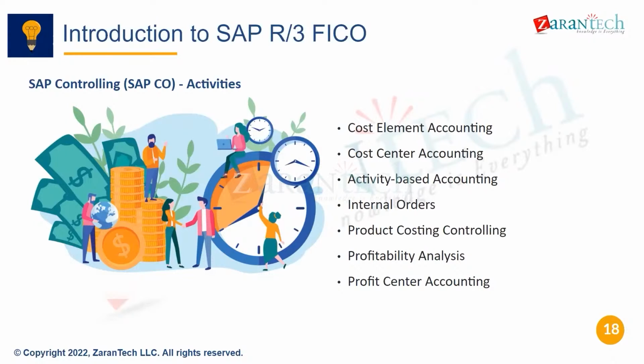And then internal orders, for any short events to allocate the budgets. In companies, for example, they would be running several marketing campaigns, and they need some budget to run those campaigns.